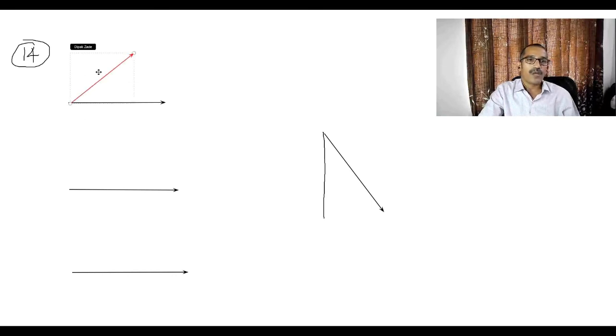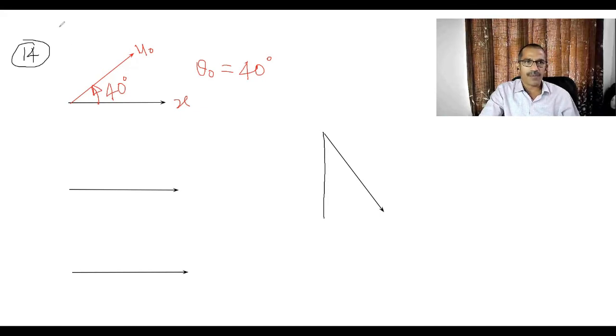When this angle theta 0 is measured, it is always measured with the positive x-axis in the anti-clockwise direction. Say the angle is 40 degrees. That means your theta 0 is 40 degrees. Theta 0 is always measured with the positive x-axis in the anti-clockwise direction. So this is positive.